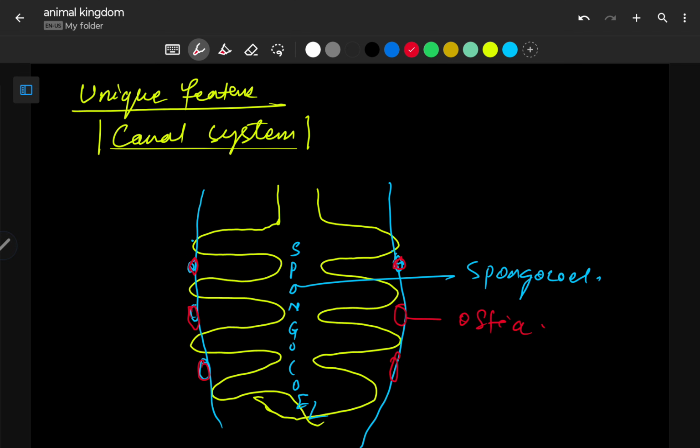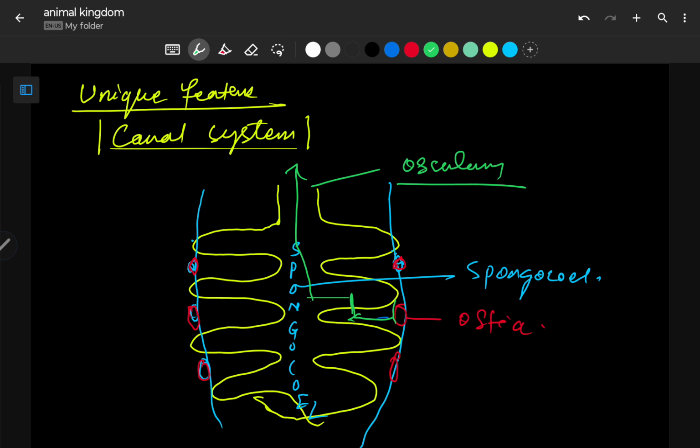Okay. Now through this ostia, how will the water enter? Let me take green color. From here this is ostia, and from ostia water comes. Then water will move to this lateral chamber, then it will move to spongocoel, then spongocoel to outside, and this opening is called osculum.